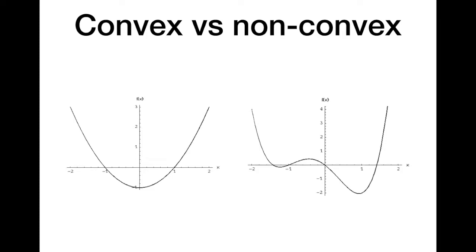The convex case that you see on the left is when the error of this problem is a smooth parabola like that, and you can easily find the bottom, the minimum error. But the non-convex case on the right has more minima. These are difficult for a machine to understand, to know when we have really reached the absolute minimum of the problem, or whether we should stop at some local minimum that is not actually the best possible solution.